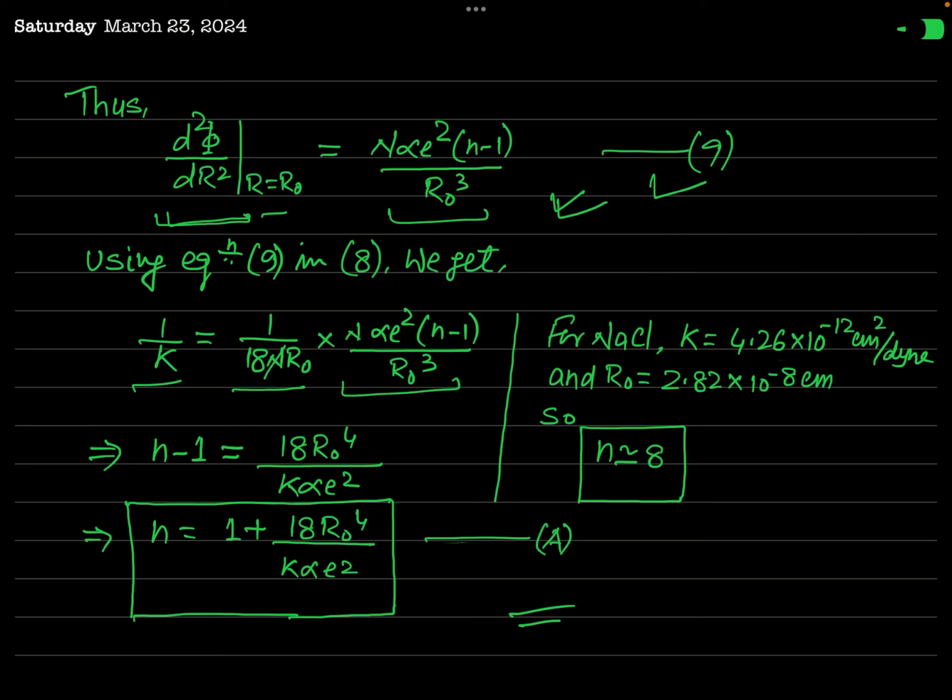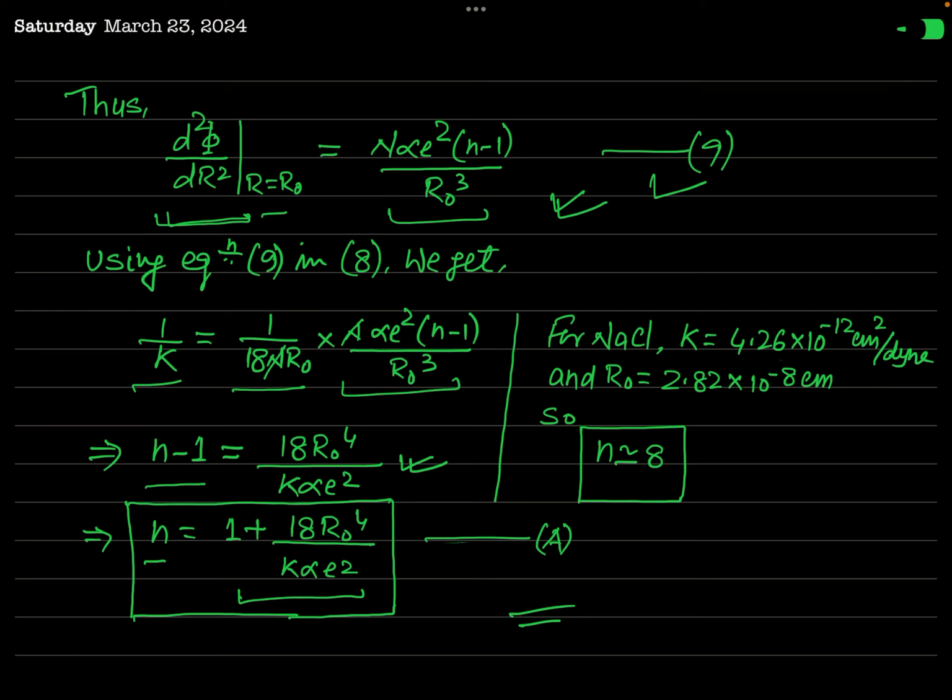Now simplified, this n and this n will cancel out, okay? And from here you can see the algebra, n minus 1 will be simply equal to 18 r naught 4 over k times alpha e square. And so you can say that n is equal to 1 plus 18 r naught 4 over k times alpha e square.